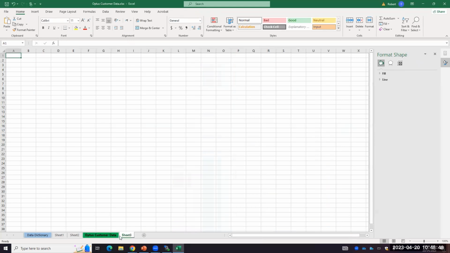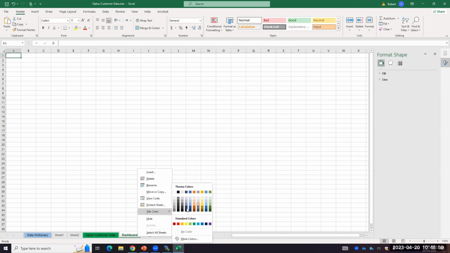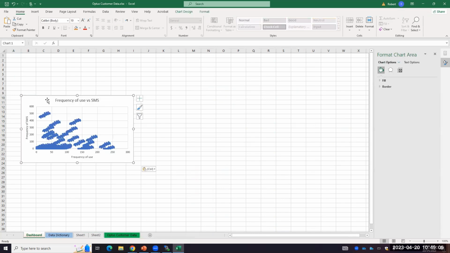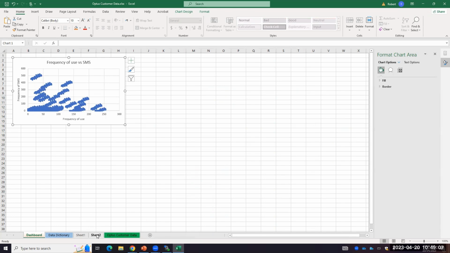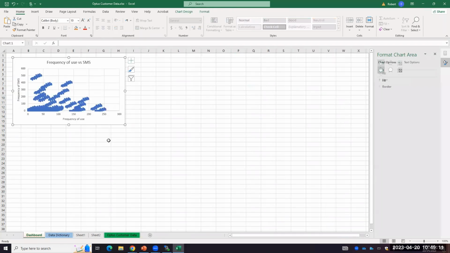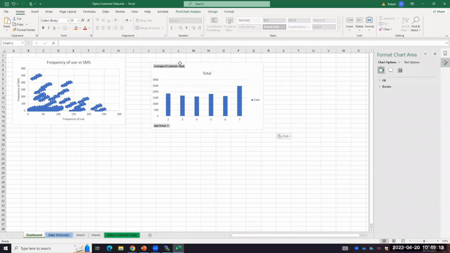Clicking on the plus, double click here, we'll just call this one dashboard. Make it a pretty color. Okay, move that to the start maybe. And we could just drop this in somewhere. And that other chart that we had, we'll cut this one out. And again, we'll just move this over here somewhere.